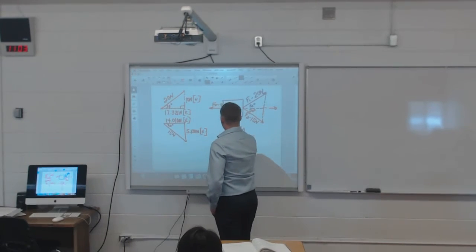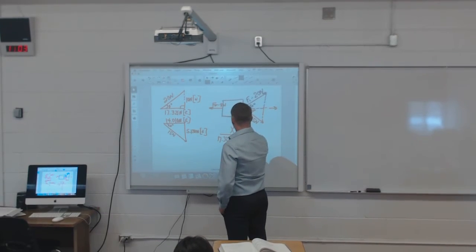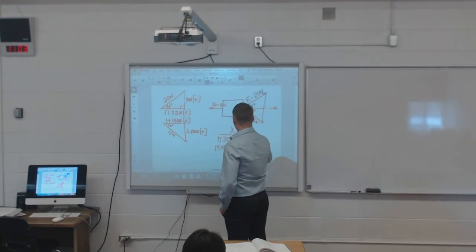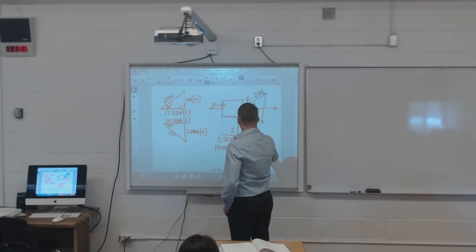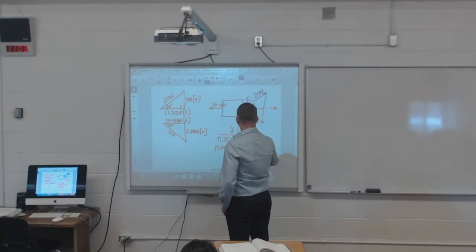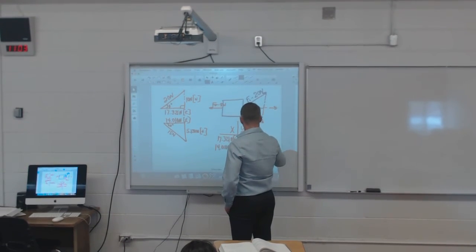So I have 17.321 newtons east, and I have 14.010 newtons also east. And then I have 10 newtons to the north, and I have 5.130 newtons to the south.